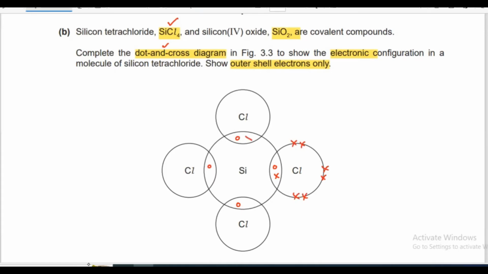There are 4 chlorine atoms. Then again 1, and show the rest of the 3 pairs, although they are not taking part in the chemical bonding, but they are part of chlorine. So you must show the complete octet. So this is the structure of silicon tetrachloride.